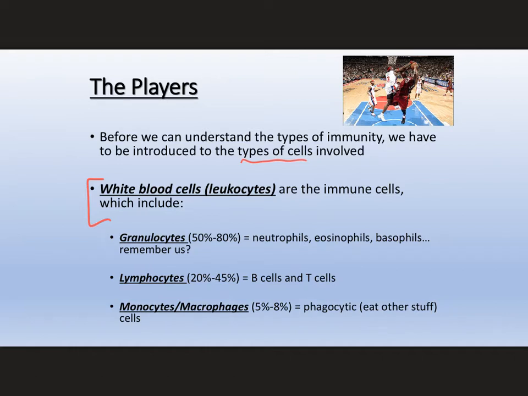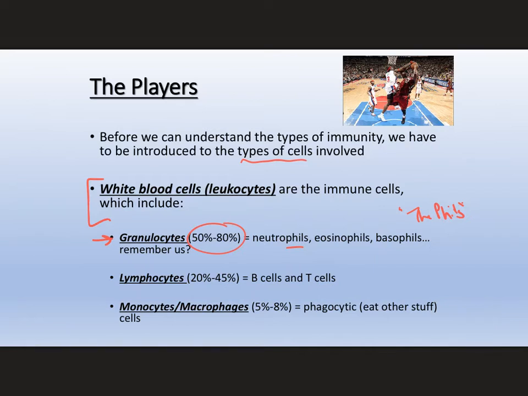White blood cells come in three different groupings. The first grouping are called granulocytes, and I often refer to these as the phils, because all their names have that in them: neutrophils, eosinophils, and basophils. These are actually the majority of your white blood cells circulating in your bloodstream.